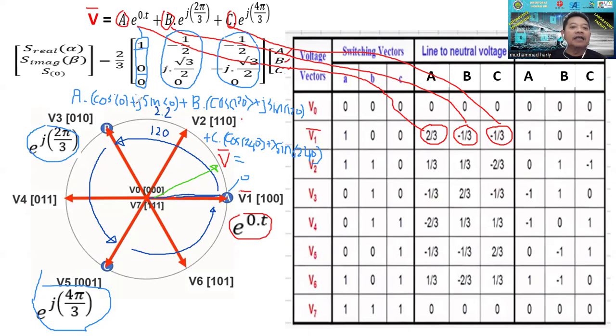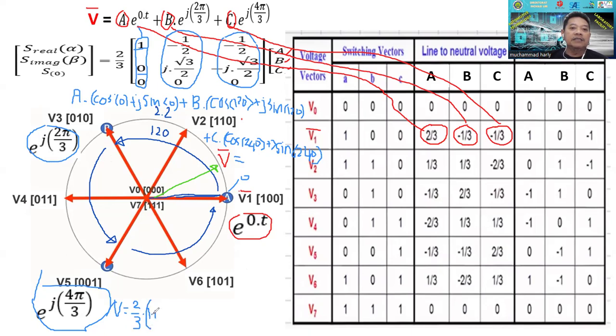And then equal, and we can change this symbol. From cos, vector E is how much? E is 2/3 times this one, cos 0 is 1 times 1.